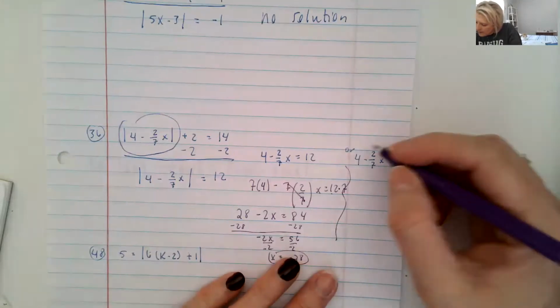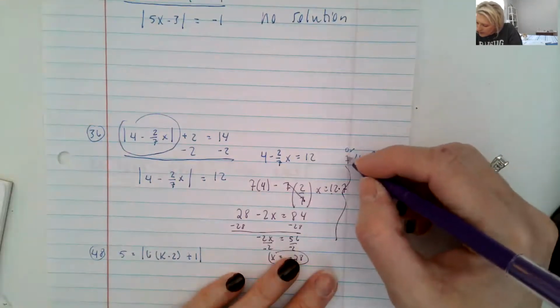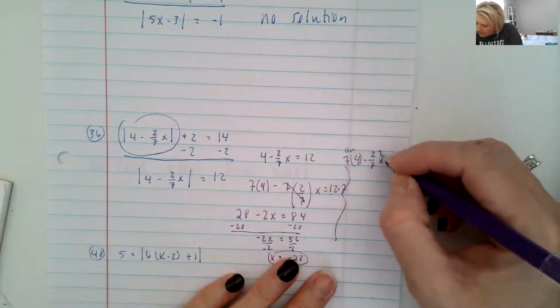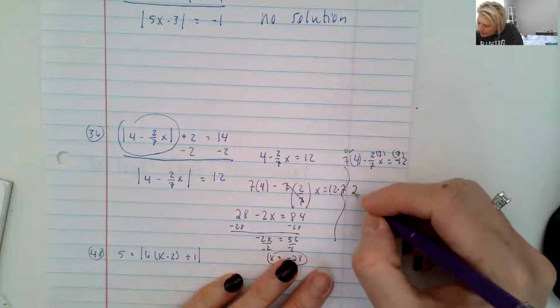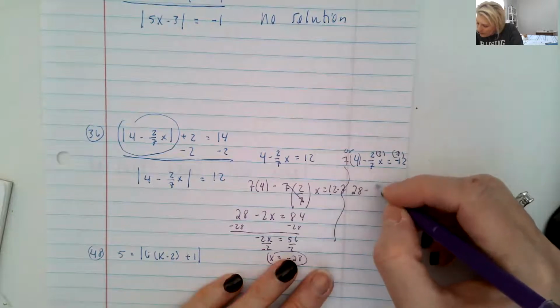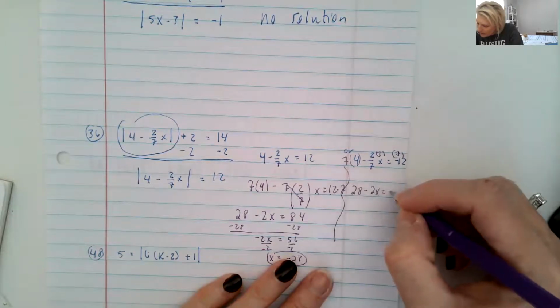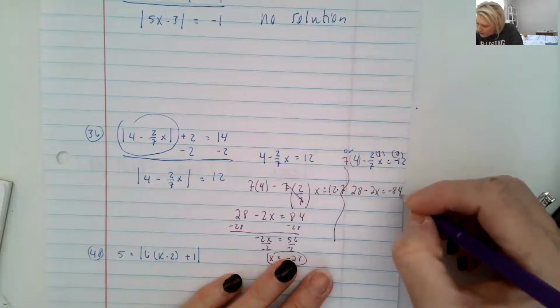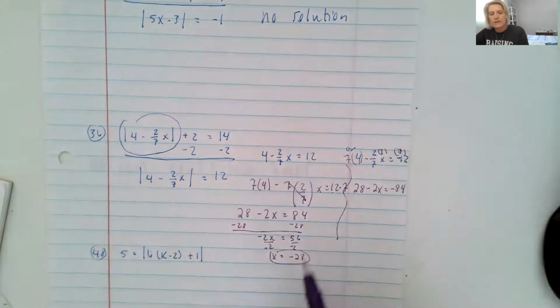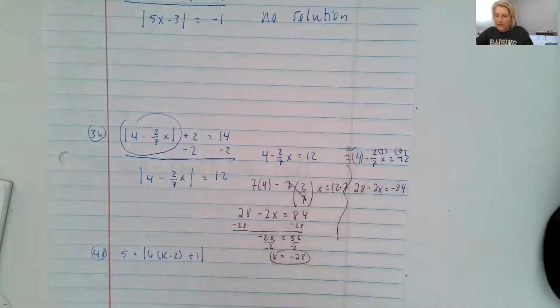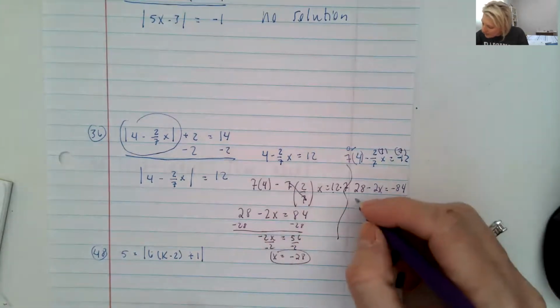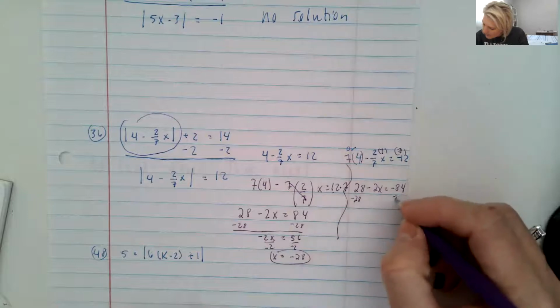And then over here, likewise, we're going to multiply each term by 7. So similarly, we get 28 minus 2x equals a negative 84 this time. So notice that a lot of times these look almost identical, but just a negative here and there. So we're going to subtract 28 again.